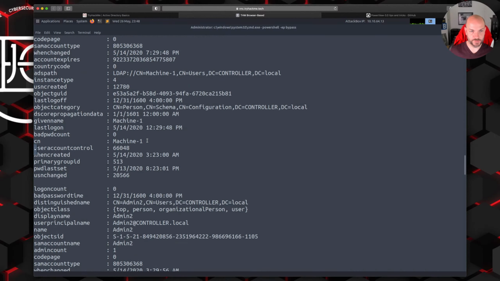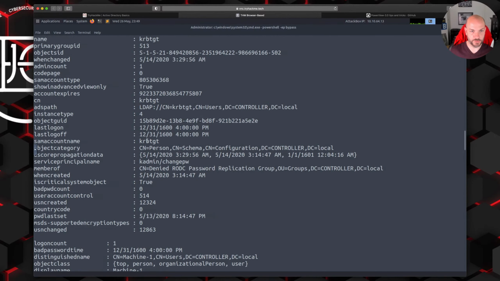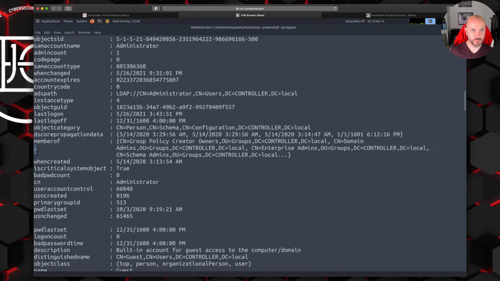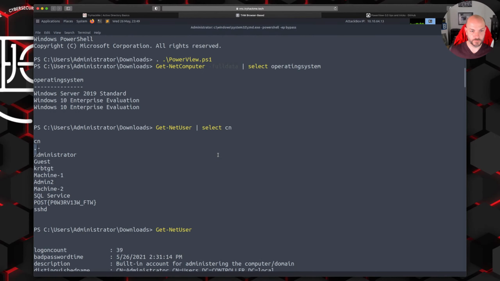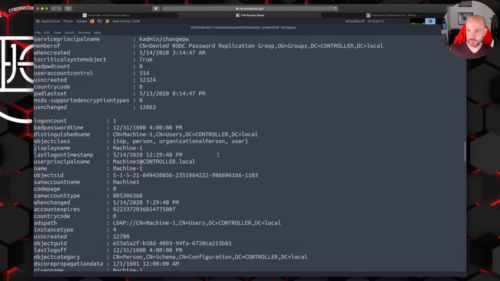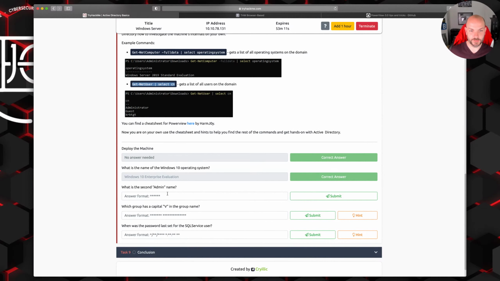And so by specifying that specific attribute, we were just able to pull all that up and make it a little bit easier to see. Okay. All right, let's go do that as admin 2.